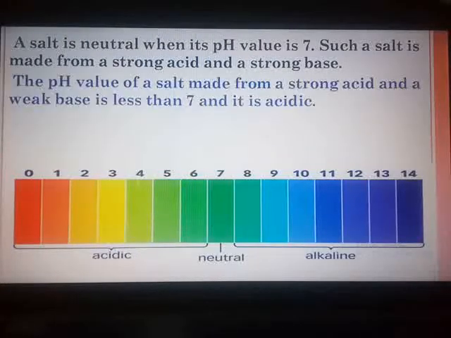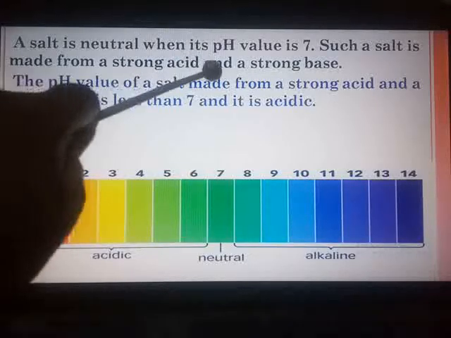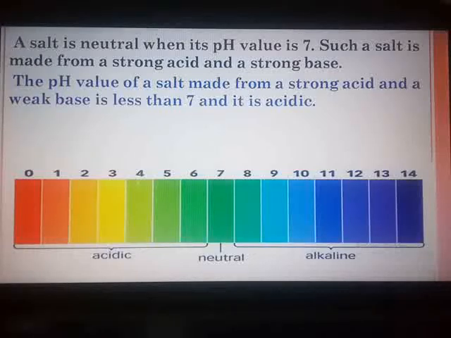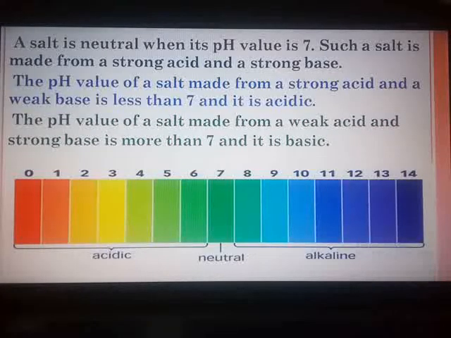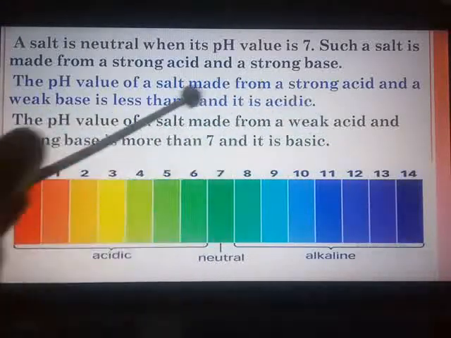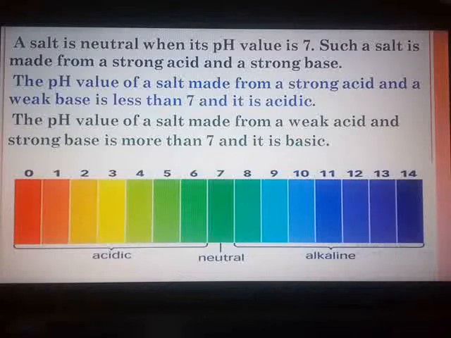The next type of salt was acidic salt, which has a pH value less than 7. Such a salt is made from a strong acid and a weak base. And the third salt is alkaline salt, or you can say basic salt, which has a pH value more than 7 and is made from a weak acid and a strong base.